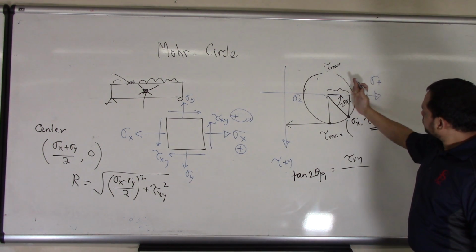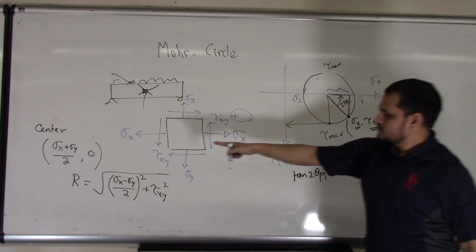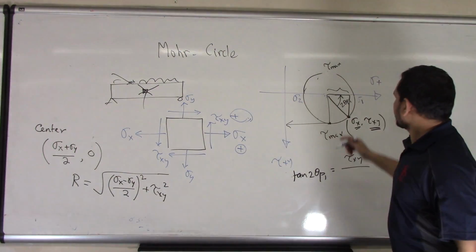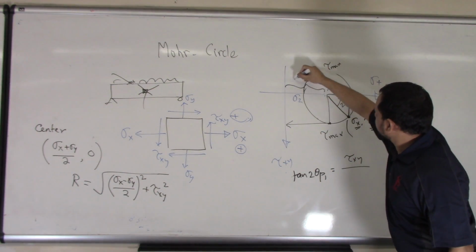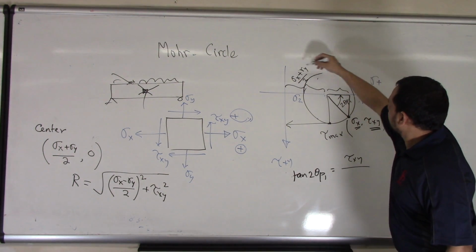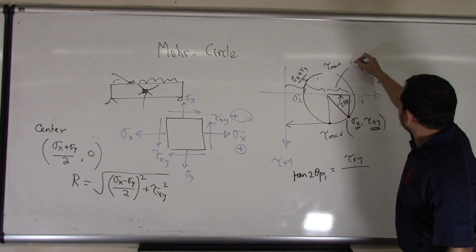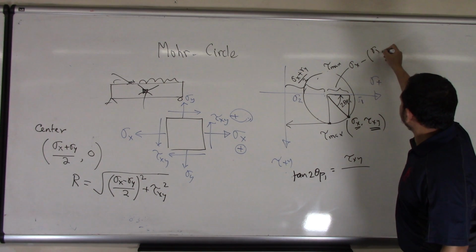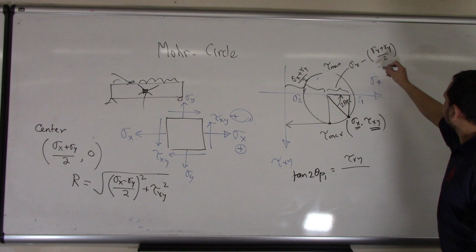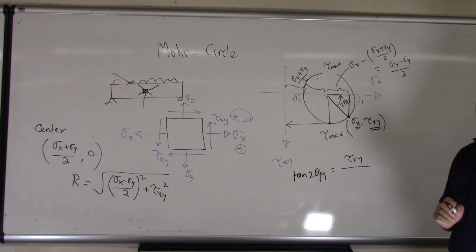You can see up to this is sigma x. From here to here is sigma x plus sigma y divided by 2, and the entire length up to here is sigma x. Then this one is how much? Sigma x minus sigma x plus sigma y divided by 2, or simply this portion is sigma x minus sigma y divided by 2.